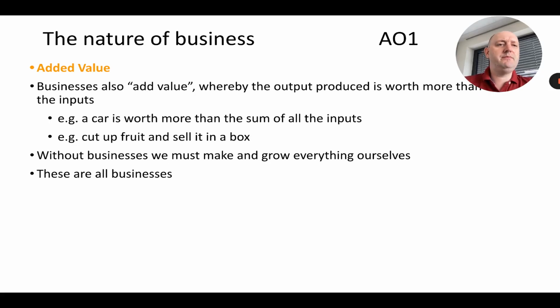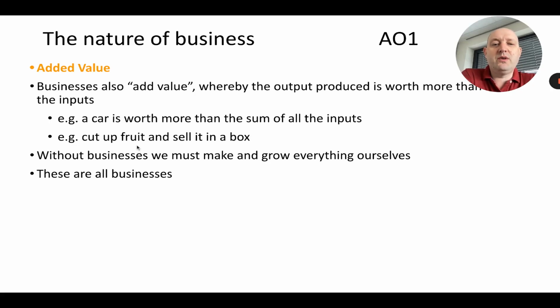But hopefully the value of the car they sell is worth more than the value of the inputs. That's because the business has added value. They've transformed those inputs into something that people want to buy, and that allows them to make profit and also to satisfy the needs of consumers.